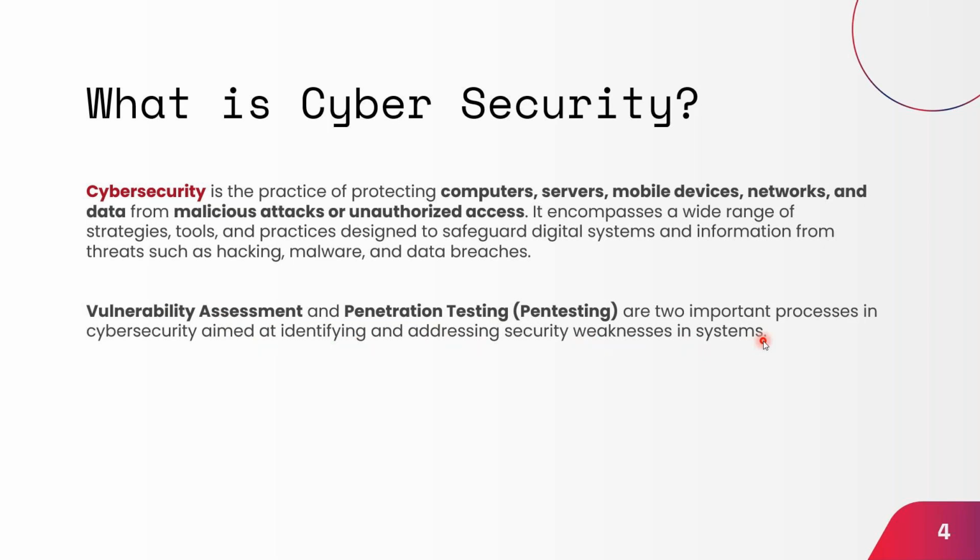Got it. So when I say cybersecurity, it's all about protecting all the assets which have some kind of worth in them from malicious hackers. In VAPT, we identify the weaknesses and we address those weaknesses so that the hackers are not able to break into it, right?